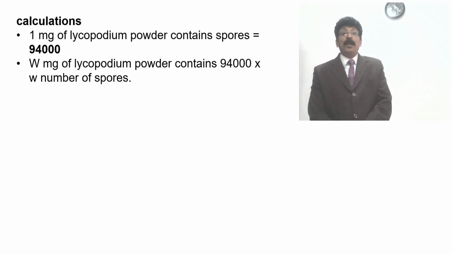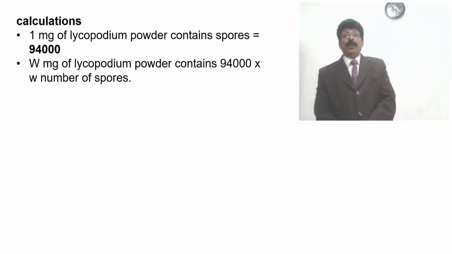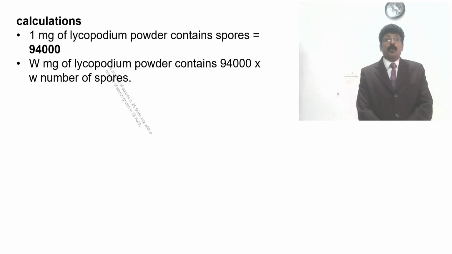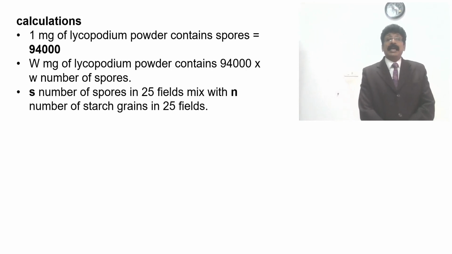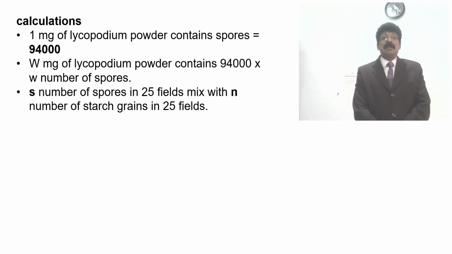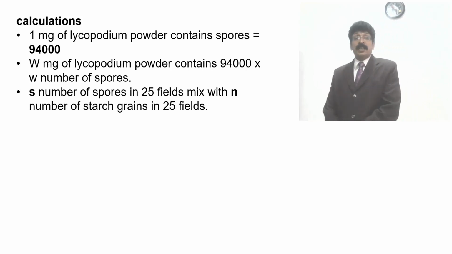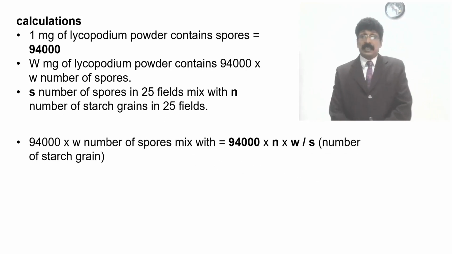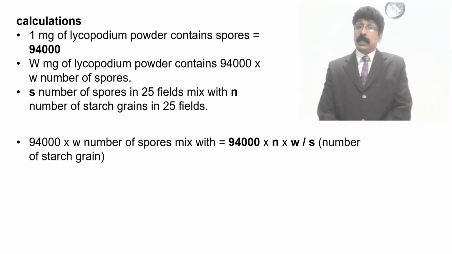W milligram of Lycopodium powder contains 94,000 into W number of spores. And S number of spores in 25 fields are mixed with N number of starch grains, because we are going to find out starch grain as an example. So I have given starch grains in 25 fields.